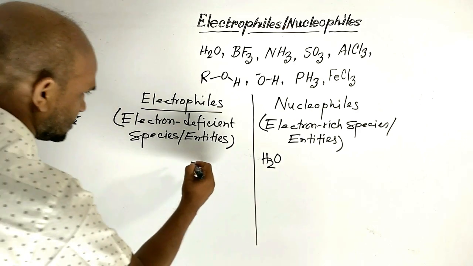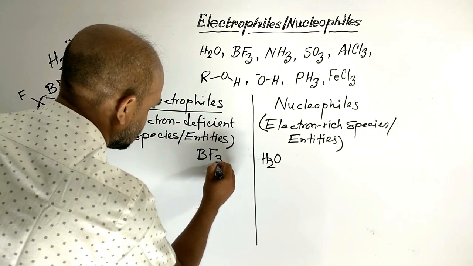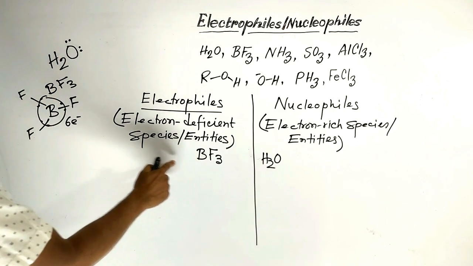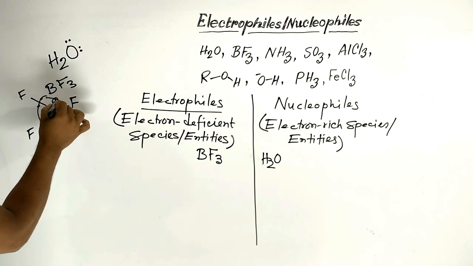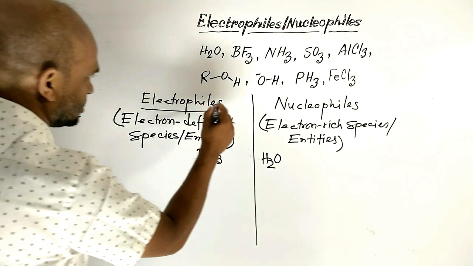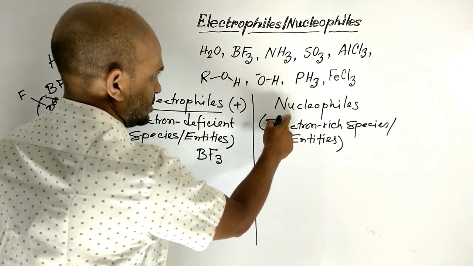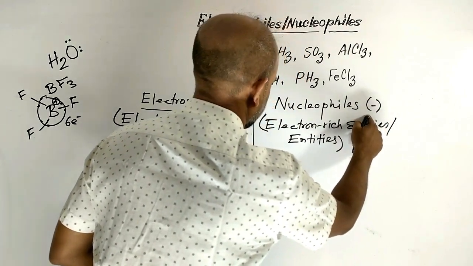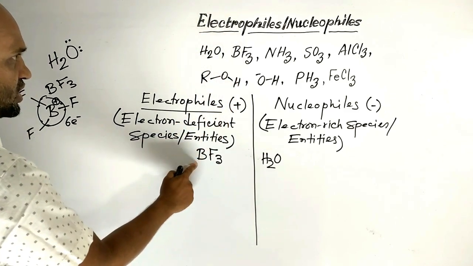That is why this is a kind of electrophile. Boron trifluoride is a kind of electrophile. That is, here around boron positivity appears. Electrophiles are those in which positivity appears, and in nucleophiles negativity appears. So boron trifluoride is a kind of electrophile.